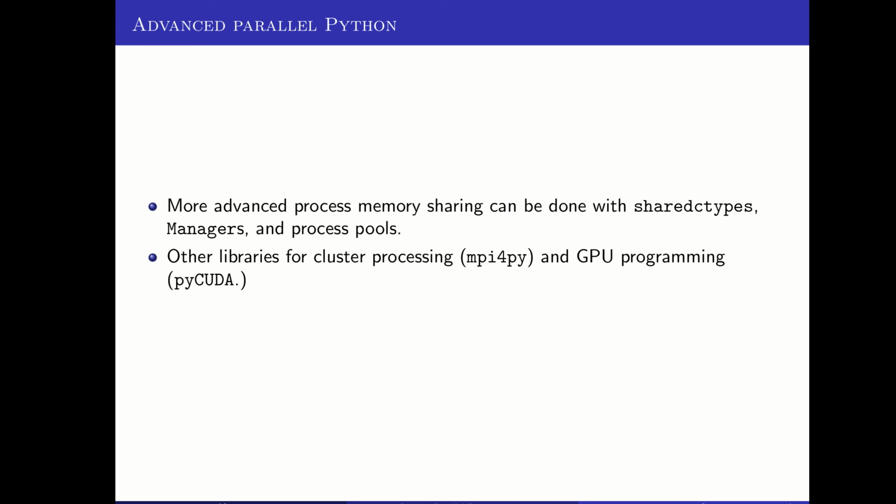So we saw that in Python, there are two main libraries for doing parallel programming, one for threading with shared memory, and one for multiprocessing with communication between the processes rather than shared memory.